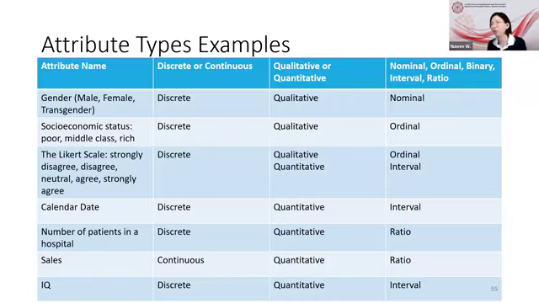Today your sales could be 215, or 215.70, something, right? You have VAT. IQ can be discrete, cannot be continuous: 120, IQ 180 or 200, but there is no 0 IQ, so it's interval quantitative data.